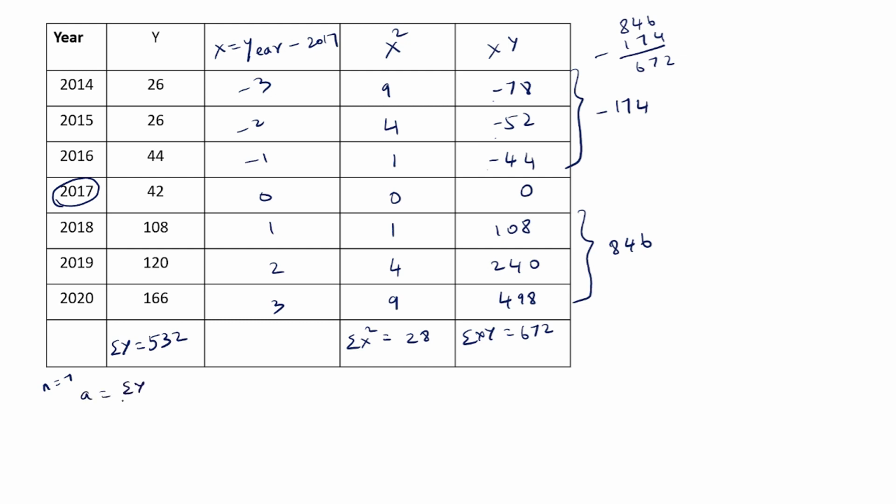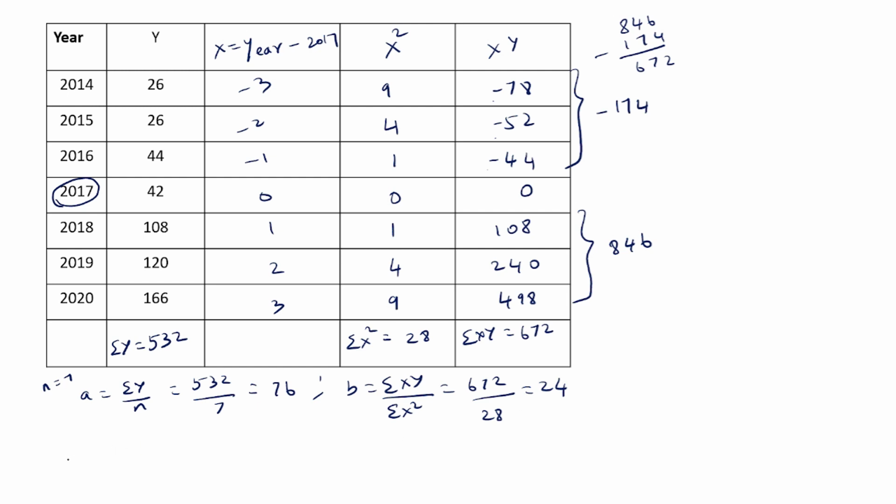So let us find A. A is summation y by n. It is 532 by 7, which is 76. And then B is summation xy by summation x square. It is 672 by 28, which is 24.